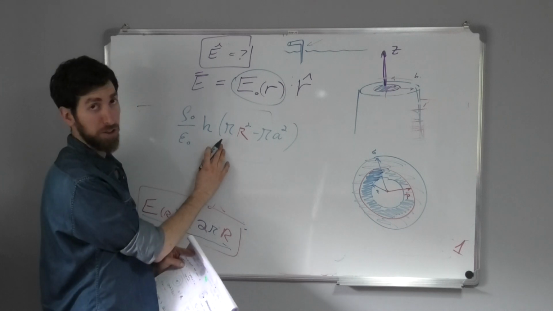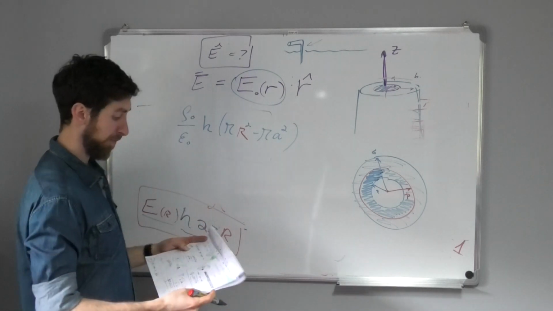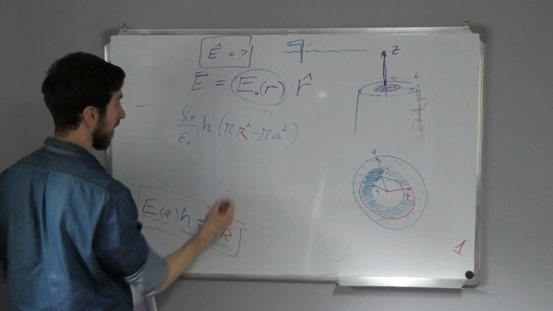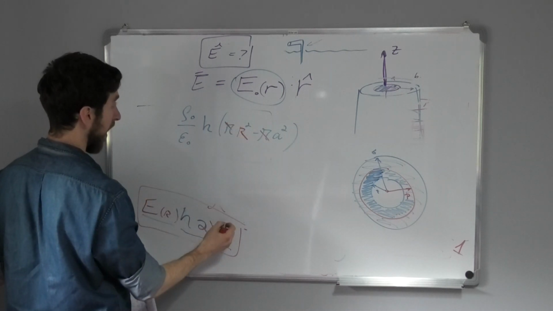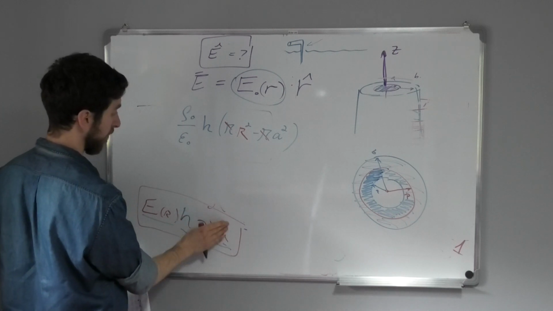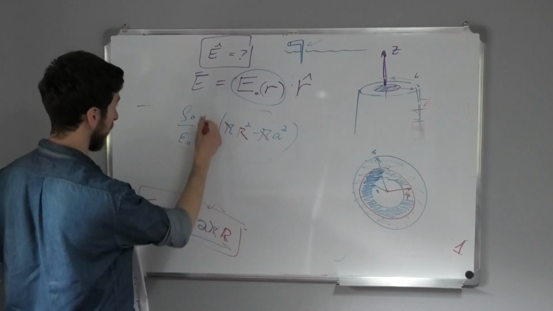I have less charge, that's the idea, because r is smaller than b. So if I compare them both, again you can see that pi falls off. R is not falling, sorry about that, but h is falling.